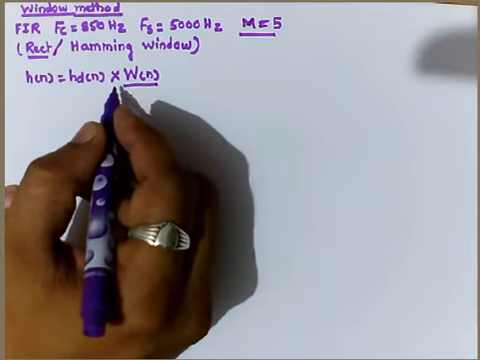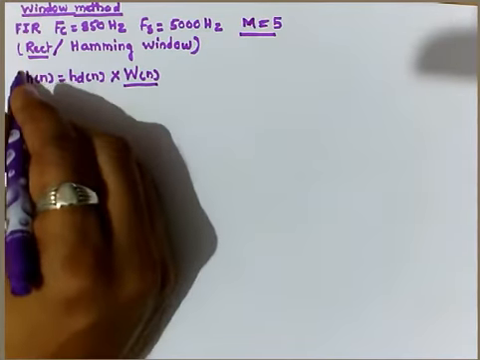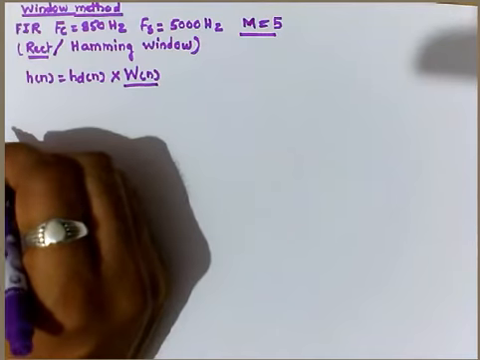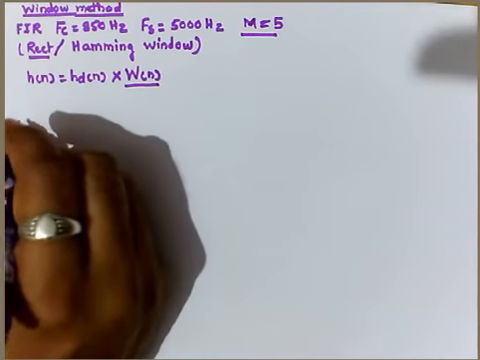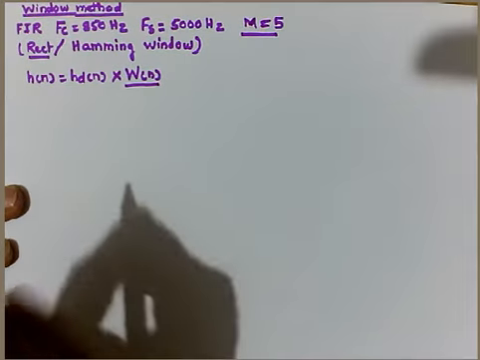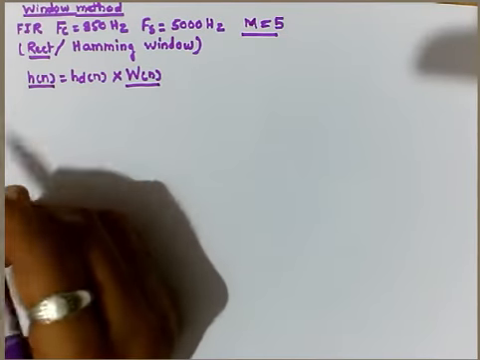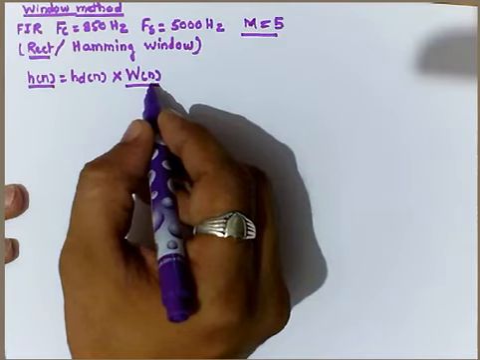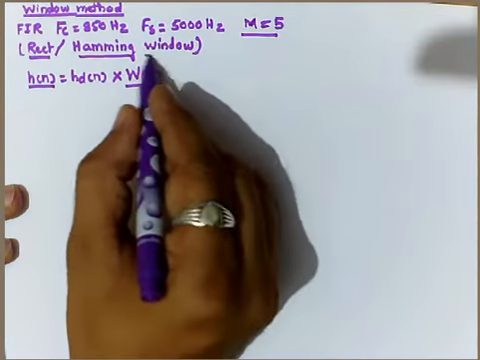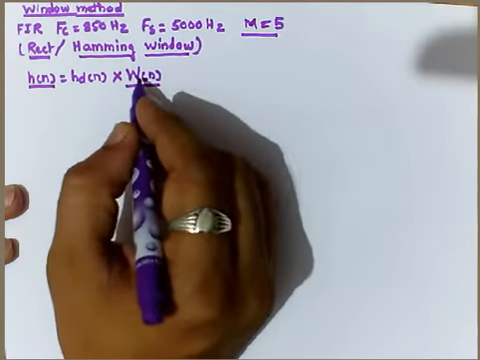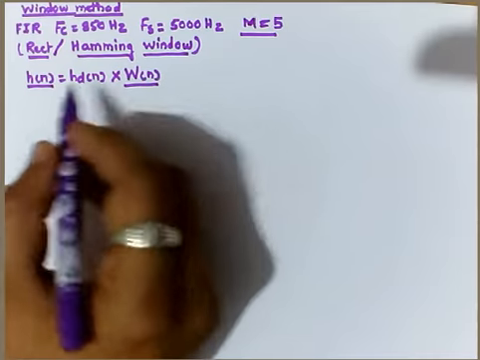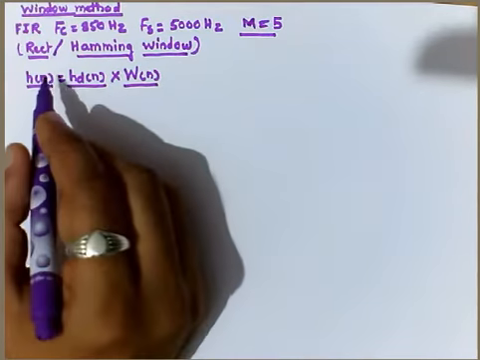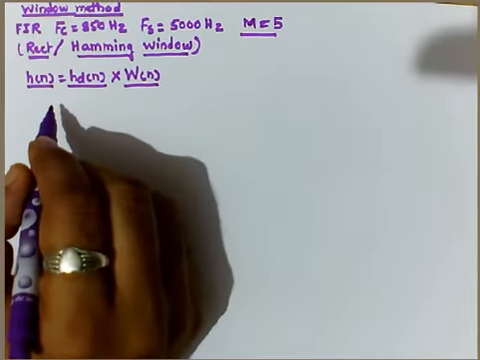So for a rectangular window this expression reduces to h of n is equal to hd of n, meaning whatever hd of n we calculate will simply be the h of n for the rectangular window. But this window function will be different for the Hamming window, since it is not the value 1.